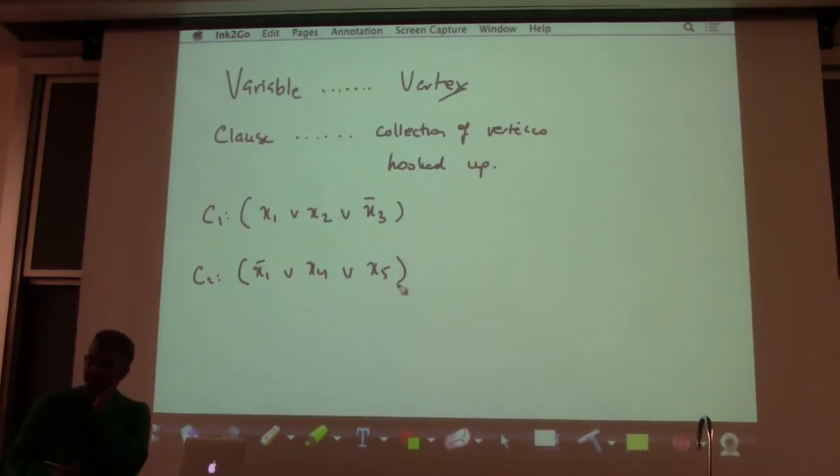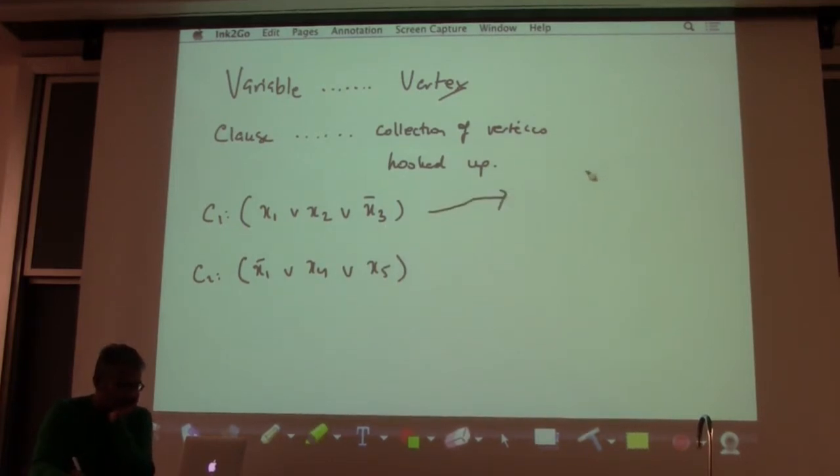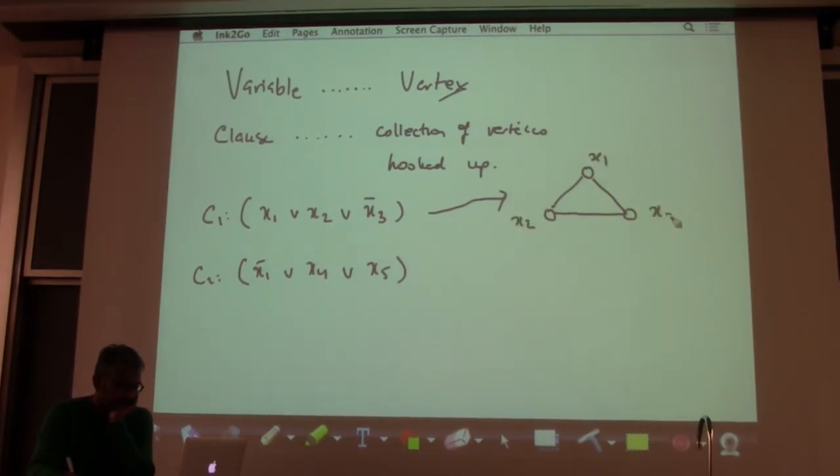So what we're going to do is the following. We're going to rewrite this clause as 3 things connected together. We're going to call this x1, we're going to call this x2, we're going to call this x3. And we're going to do the same thing here.